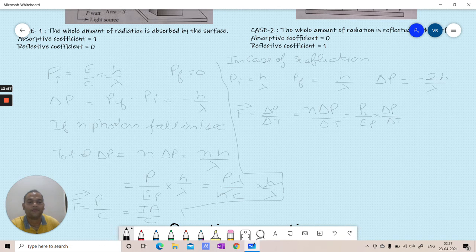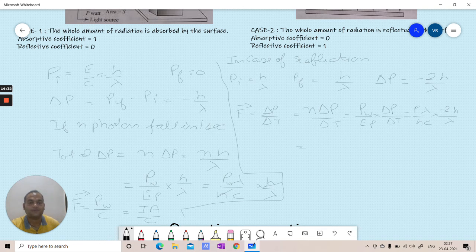Now we'll write power as PW. Here also we'll write power as PW, because momentum is also represented with the symbol P. So PW delta P by T, again we'll write it here. Then power, let's write it like this: PW upon PW into lambda by hc multiplied by minus 2h by lambda.